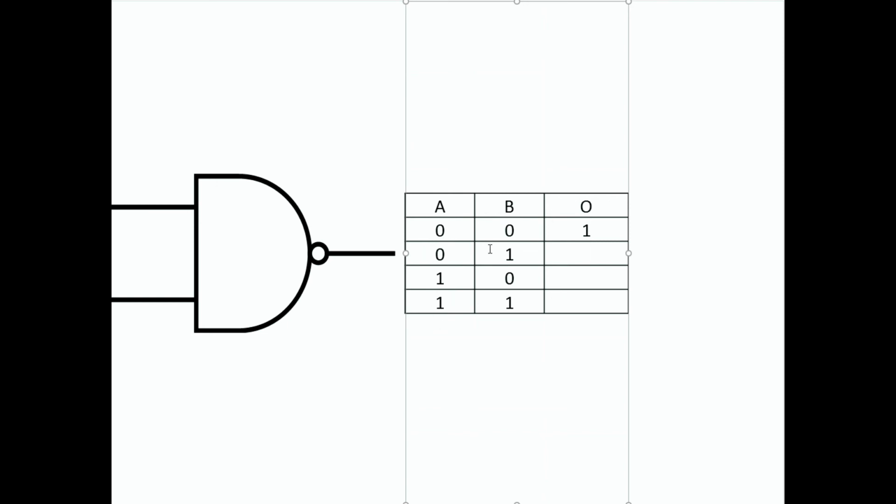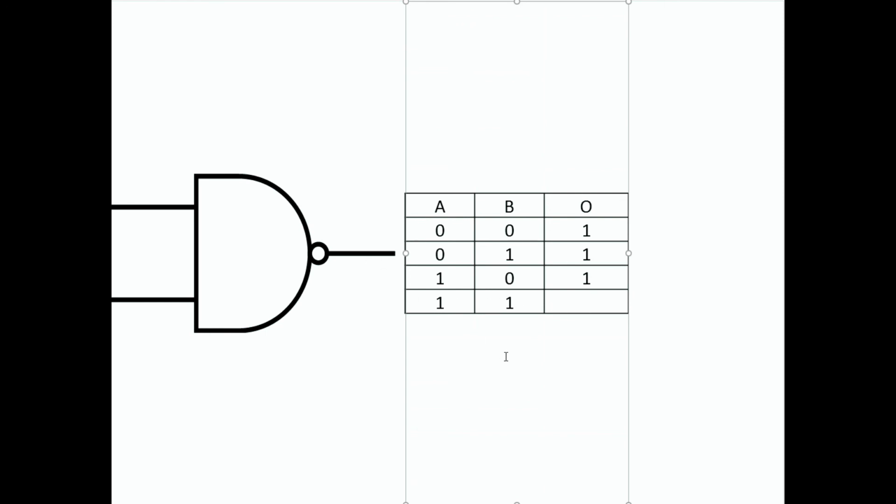Is A and B a 1? No, but because of the NOT gate afterwards, we would get a 1. Is A and B 1? No, which would be 0, but because it's not an AND gate, we've got that NOT gate, it's a 1. And is A and B 1?